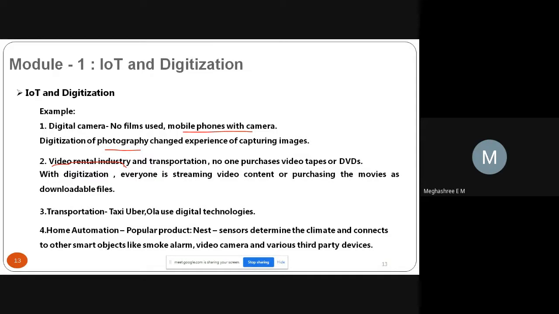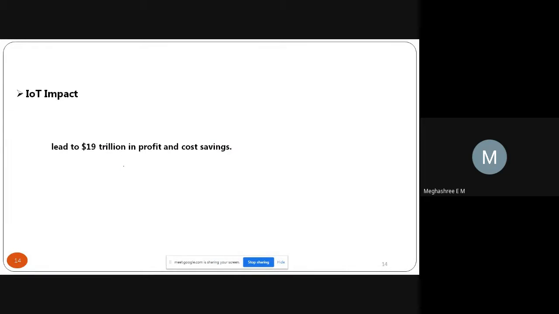If it is higher than the threshold, then it will detect that there is a fire and give an alarm to you. Sensors can also be applied to your home appliances, so the complete home can be automated. That means everything is digitized now, right? So those are a few examples of digitization.